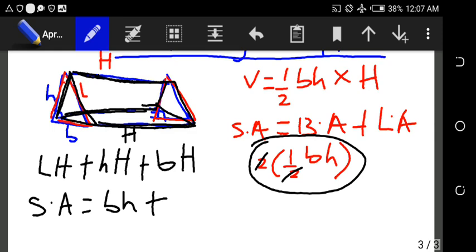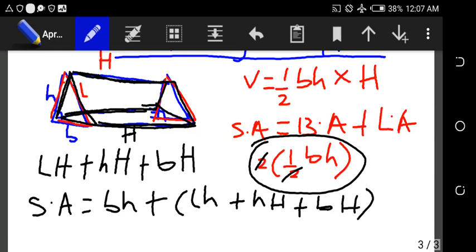We sum them up, half base times height plus half base times height, which gives us base times height. And then for the other three faces, we'll have our Lh plus the small h and the capital H, plus the BH.